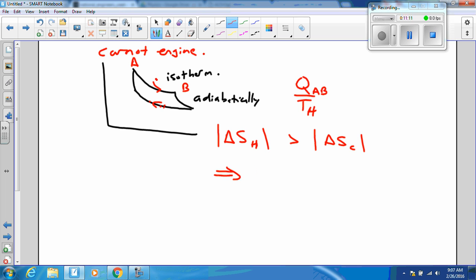And as a result, that means that delta S for one entire cycle is going to be greater than 0. What's the conclusion? That some energy will always be wasted, essentially. And what we're going to do is we're going to end up increasing the entropy of the surroundings.